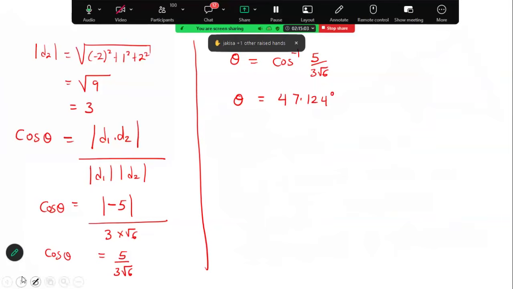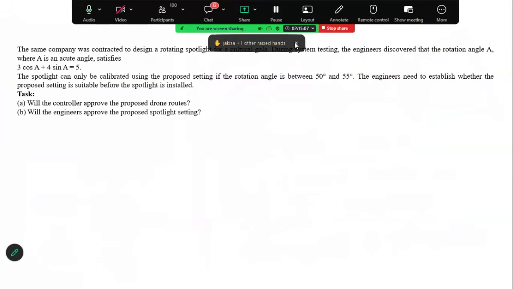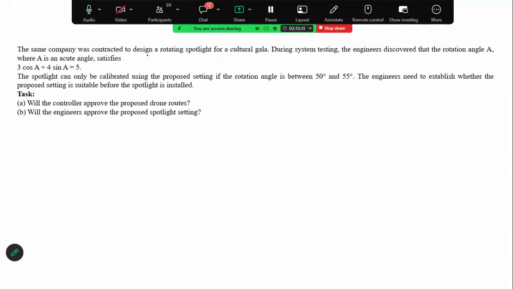So allow me, dear friends, that we first finish the item. So when we continue to the item, they have told us that the same company was contracted to design a rotating spotlight for a cultural gala. When you are at school, many times you see those lightings that make circles during those discos that you usually have.